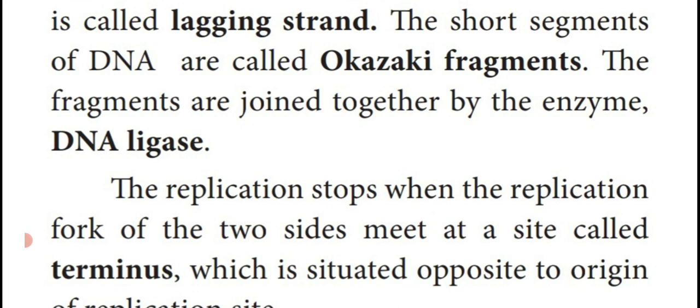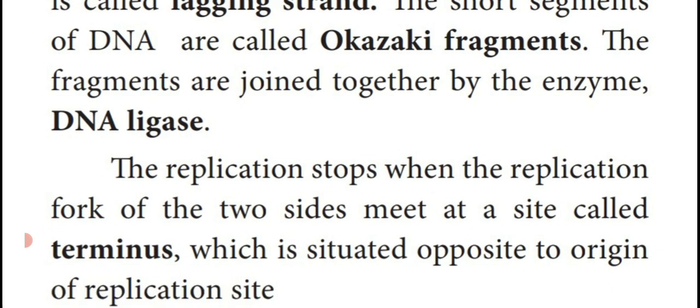Now, the two parental strands are producing the daughter strands. Out of these two strands, one is the leading strand, where replication takes place continuously. In the other strand, the replication takes place in the form of fragments. These fragments are connected together by the enzyme known as DNA ligase.